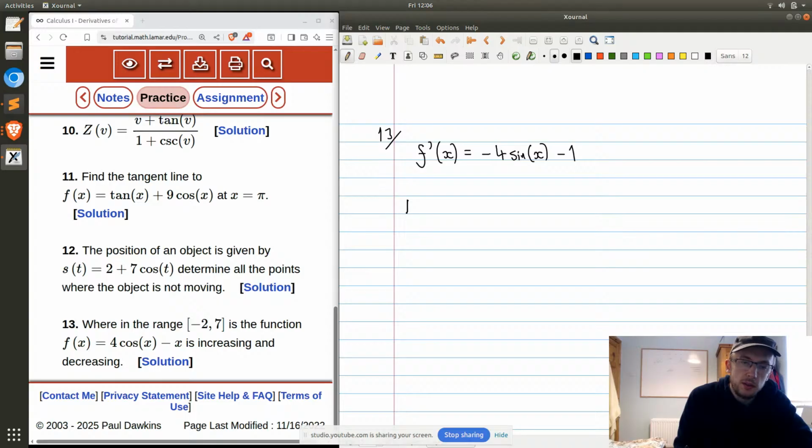Let's just find out where we get zeros within that range. And because the sine function oscillates back and forth, we'll be fine then.